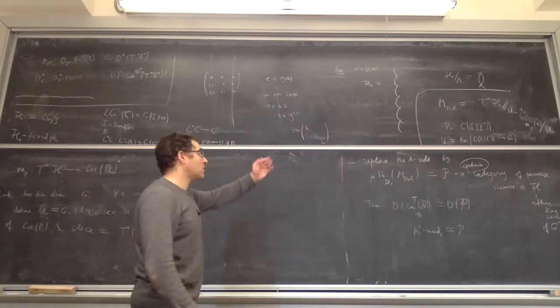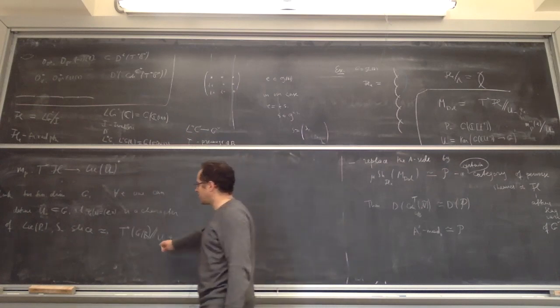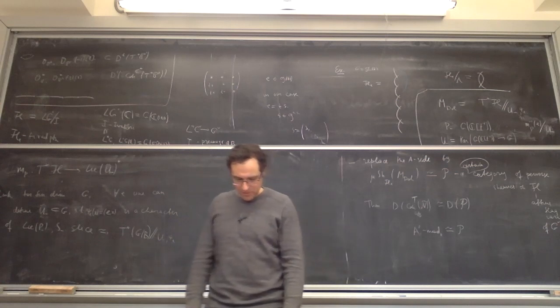But for loop algebras, this construction doesn't have an analog for every E, but it has an analog sometimes.